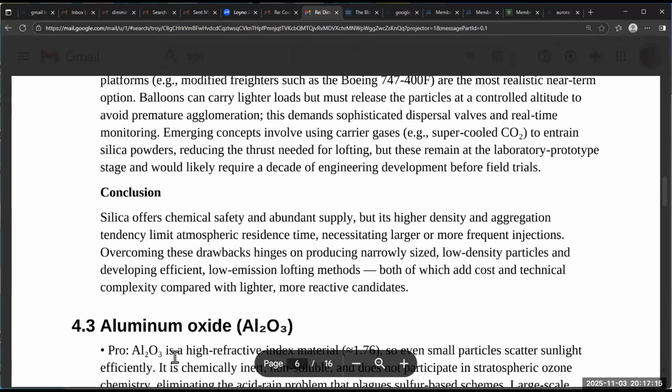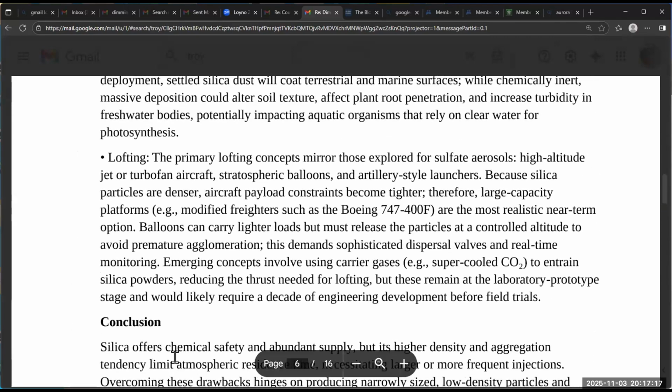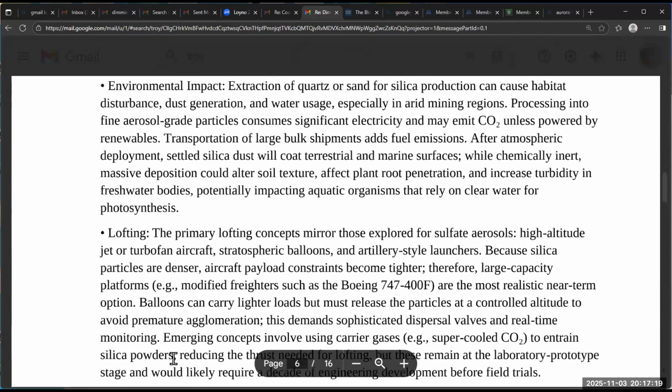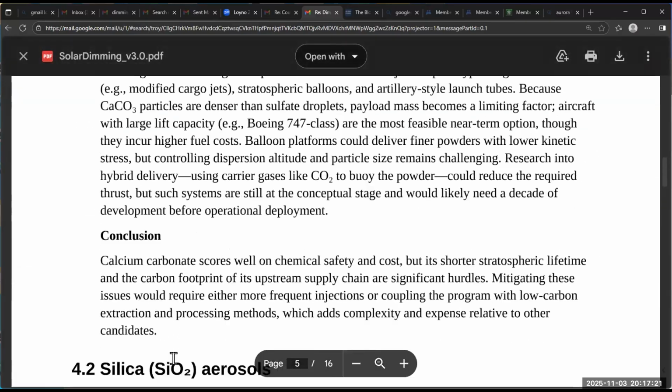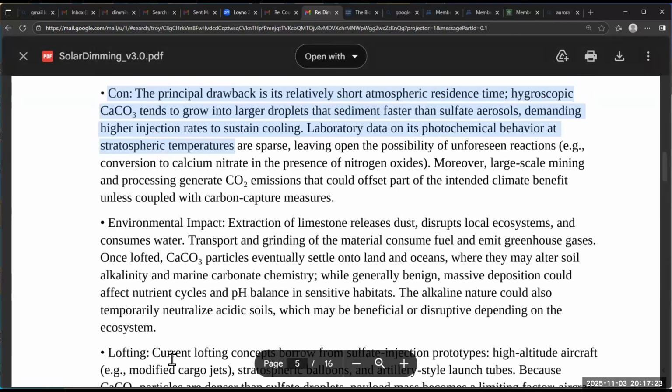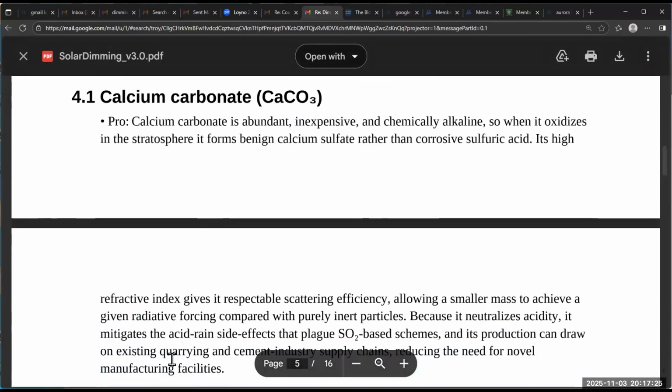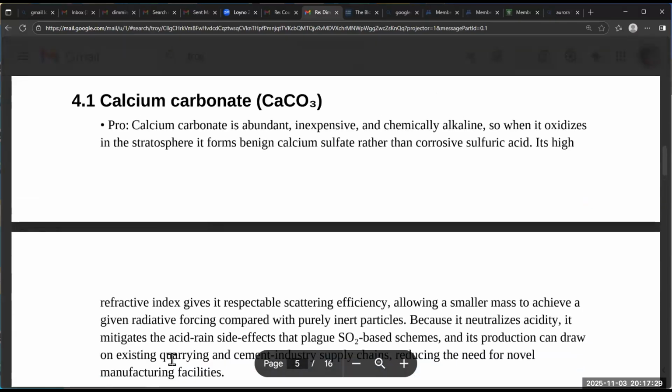Then when I get into these, again, calcium carbonate, one of the great things about it is not only does it have strong light scattering and would help the albedo very much, it also neutralizes acidity by being mildly alkaline and would have minimal ozone impact.